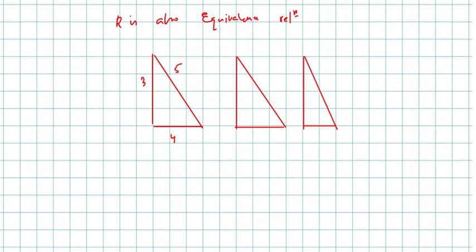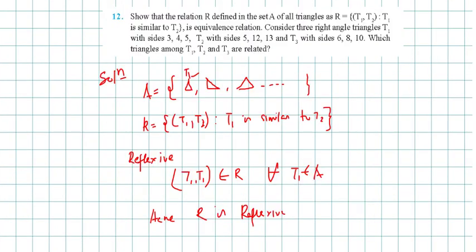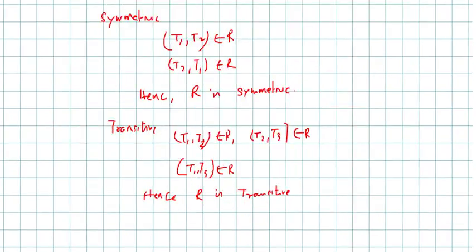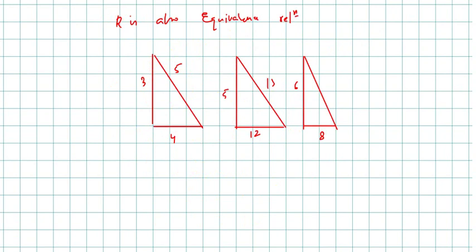And the next one would be 6, 8, 10. Yeah. Which triangles among T1, T2, T3 are related? So, which ones of them are similar to each other? As simple as that. This is T1, this is T2, this is T3.